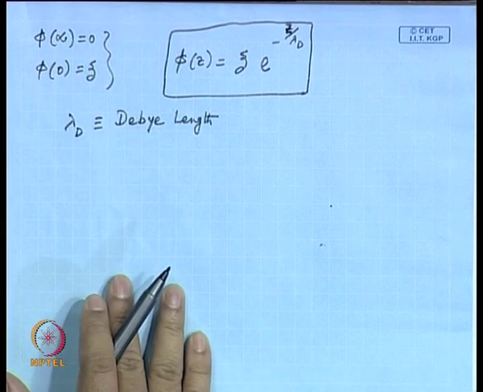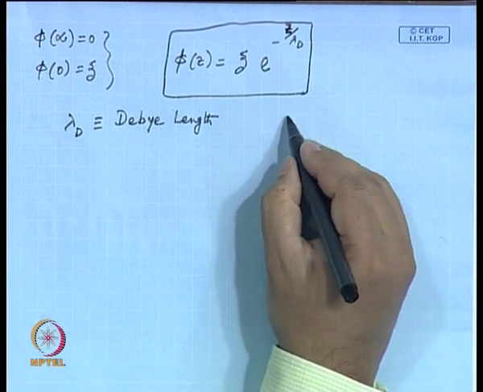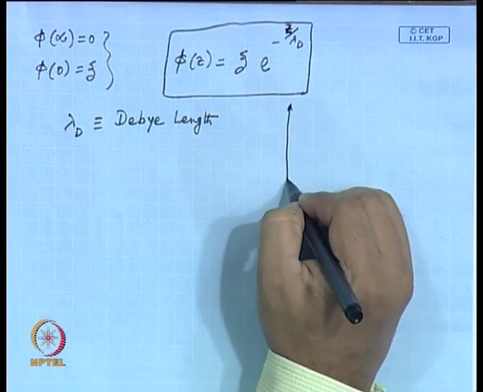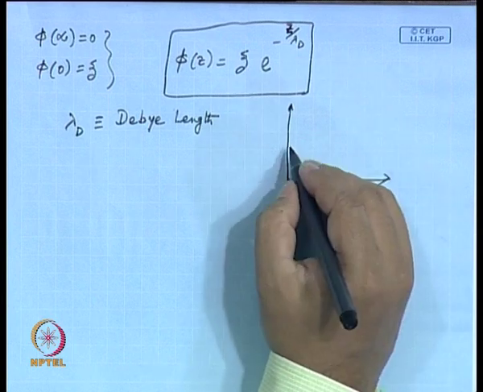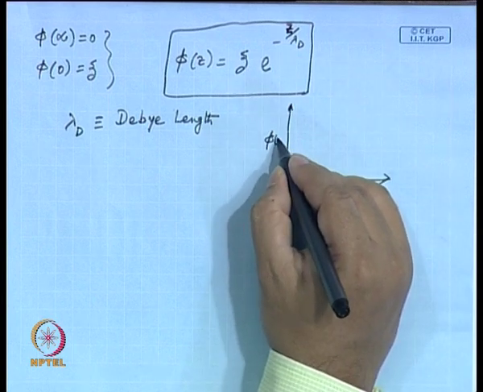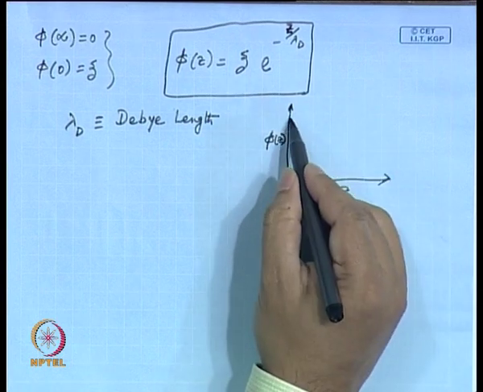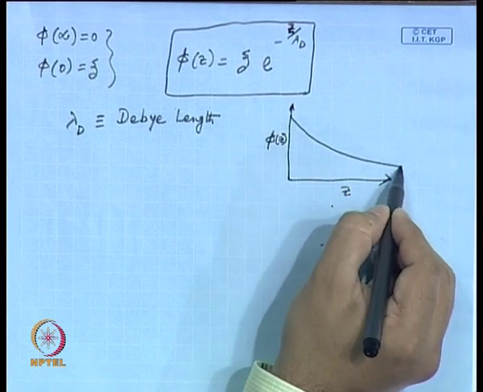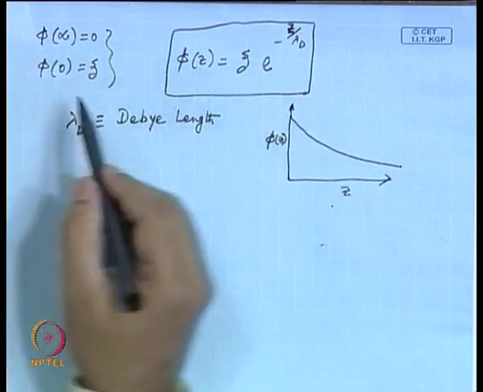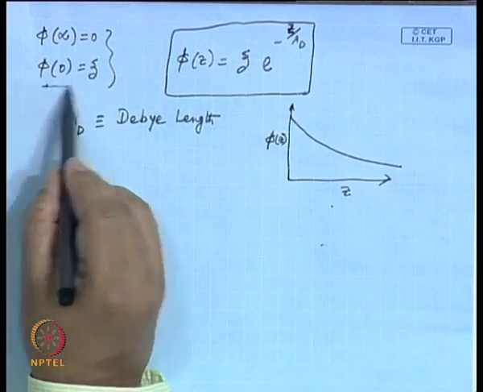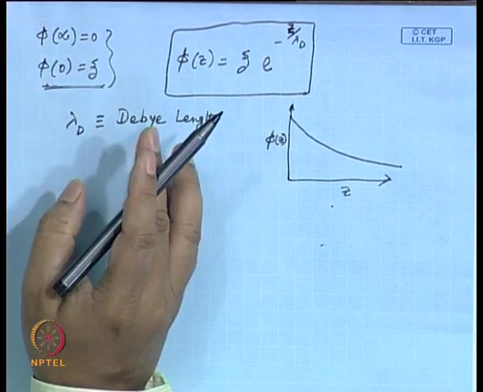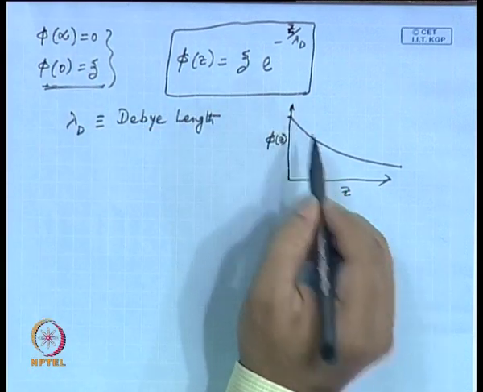What is the importance of lambda d? Can you think about it? You have phi z as a function of z, and we do not consider the Stern layer. The moment we set this boundary condition, we are forcing it to be zeta at z equal to 0.